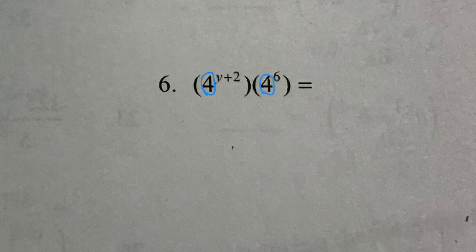This means we can combine them. If they were different numbers, then we couldn't combine them. Using law 1, we have y plus 2, and we're going to add the 6. So we're going to have 4 to the power of y plus 2 plus 6, which is going to equal 4 to the power of y plus 8.